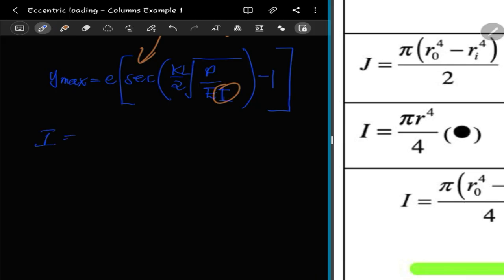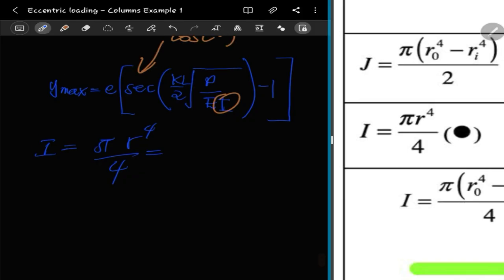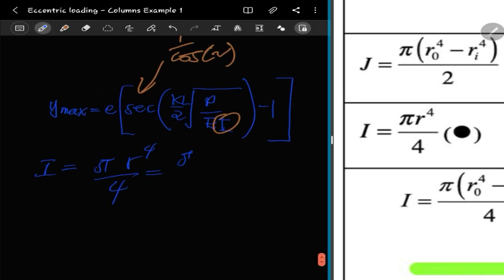I is pi r to the power 4 on 4. Here we are given the diameter instead, which is 30, right? So there's pi, and then r is d on 2, which is 30 on 2, to the power 4 on 4. Let's see what we get for this.